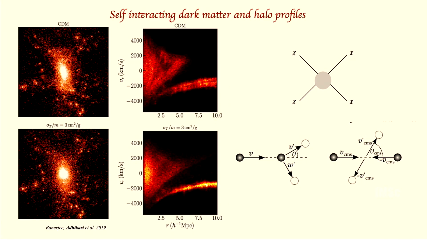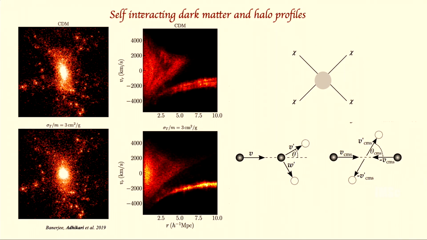All right, particularly with collaborators, we've been working quite extensively on self-interacting dark matter. Unlike in cold dark matter, where dark matter can only interact gravitationally, self-interacting dark matter consists of particles that are allowed to have some interactions with themselves beyond gravity, right?